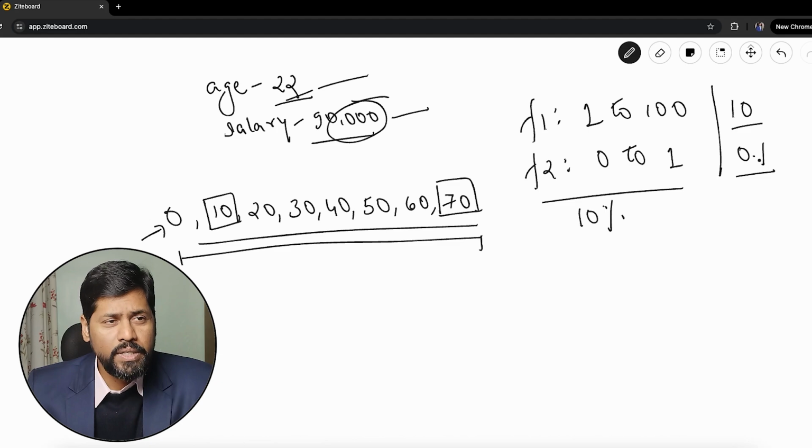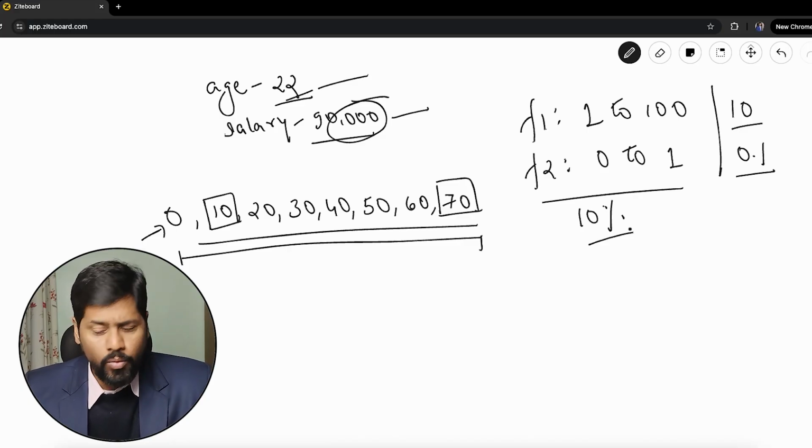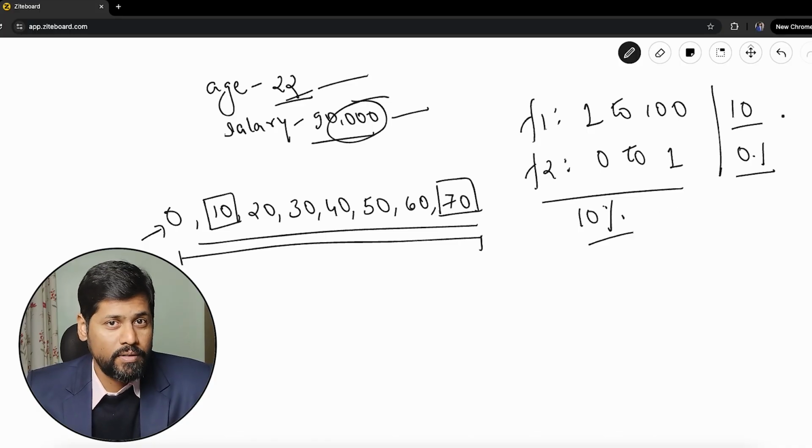So what do you think? What will be the impact of this 10% value of both the features on the model? Will it be the same or different? Well, as we just learned, a model looks at the magnitude of a number, not the meaning of a number.